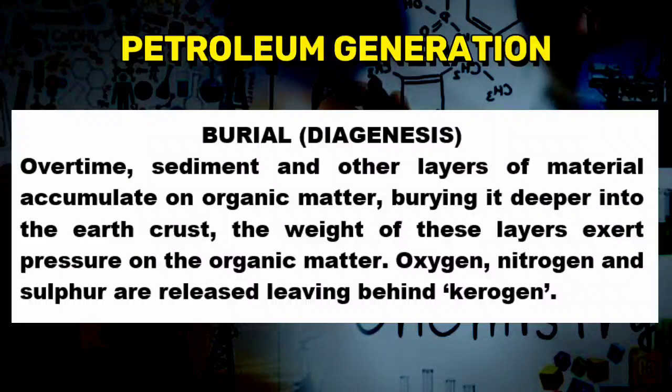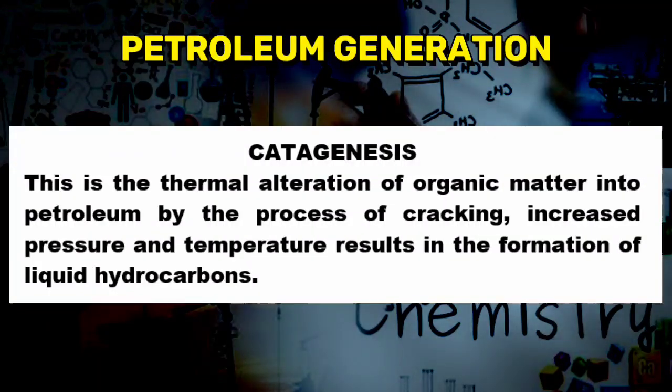The next stage is called catagenesis. This is the thermal breakdown or alteration of the organic matter into petroleum by the process of cracking, the breakdown of higher hydrocarbon molecules to lower hydrocarbon molecules. Catagenesis is the second stage. Temperature increases, and kerogen undergoes thermal cracking.